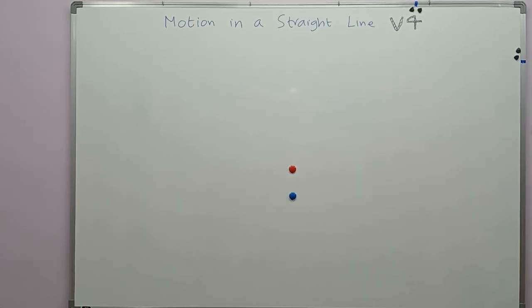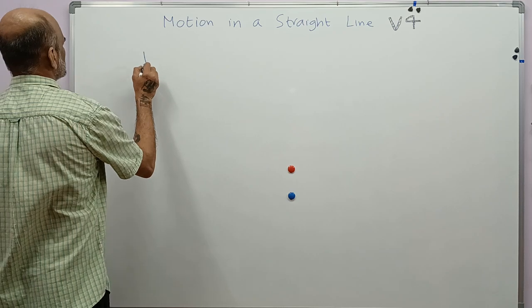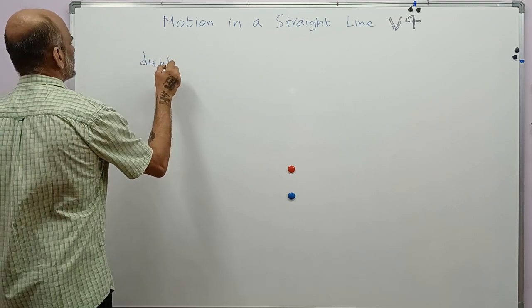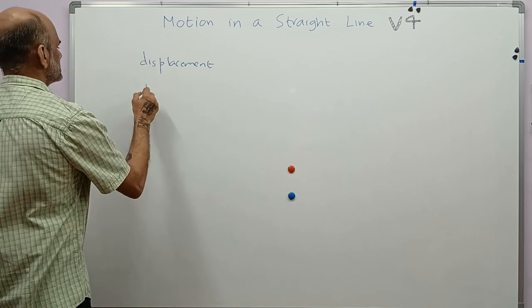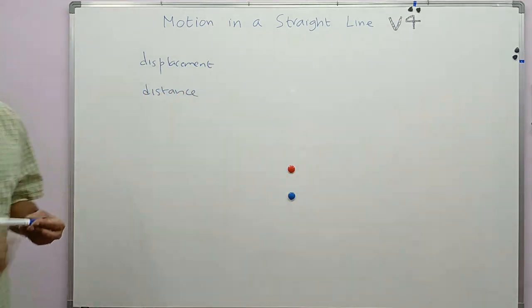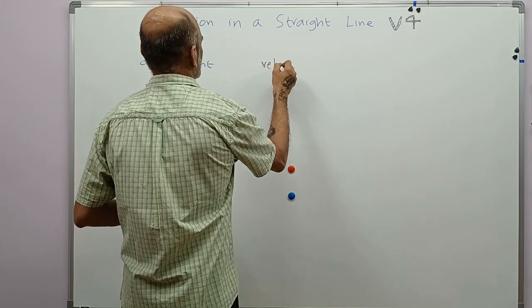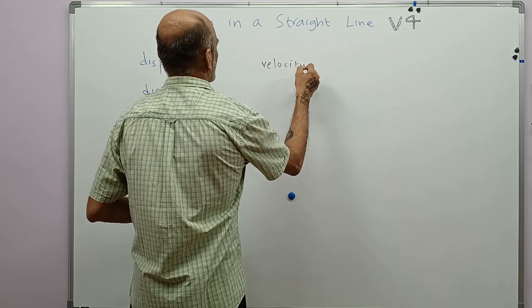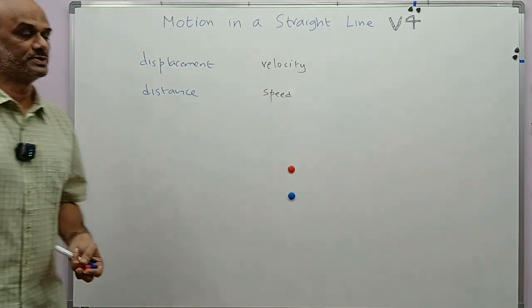This is video number 4 on the topic motion in a straight line. So far, we have studied what is displacement, and what is distance, and velocity, and speed of a moving object.